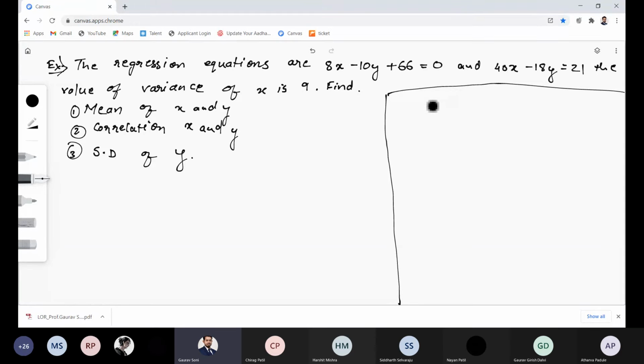The regression line of x on y, that is x minus x bar is equal to bxy into y minus y bar. And y on x is given by y minus y bar is equal to byx into x minus x bar. So can you identify a point through which both the lines are passing?